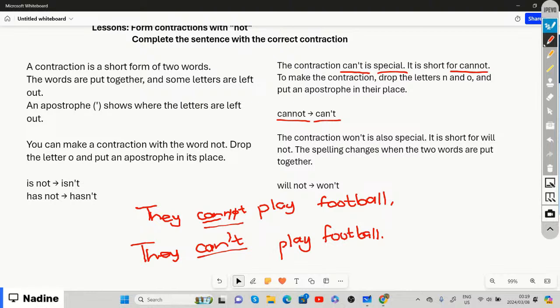And once again, these are negative contractions. We say these are negative contractions because we're using the word not, like I cannot, I will not, shall not, have not, right? So these are negative contractions because you are actually saying no to everything.